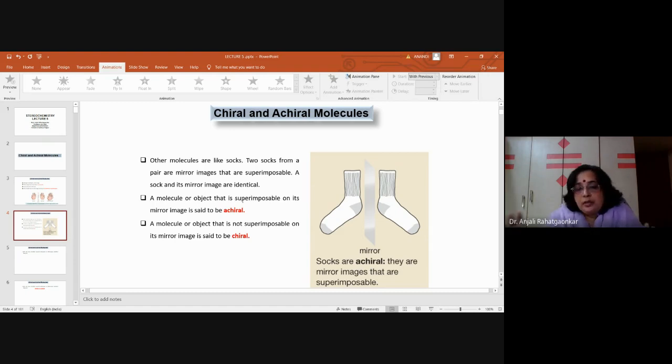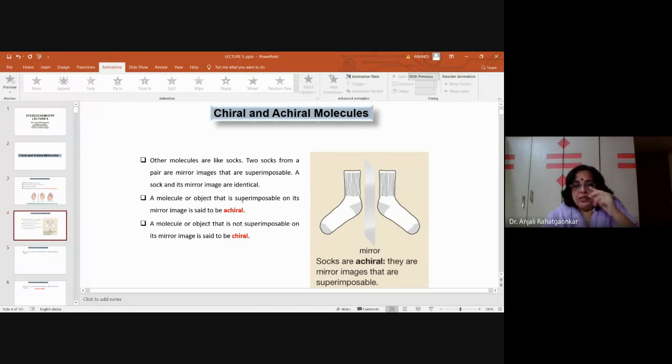I am telling you these definitions again and again because they are very important. Okay. So mirror image and superimposability are the only criteria that decide whether the molecule is chiral or achiral. Please remember these two criteria; they are very, very important.